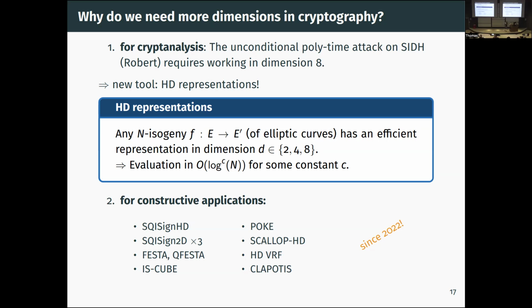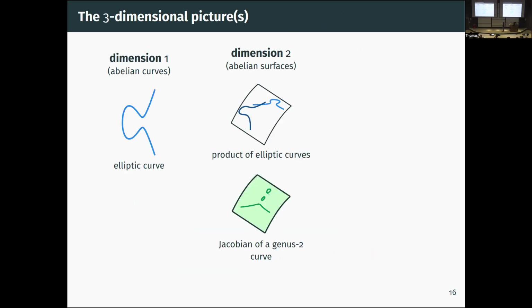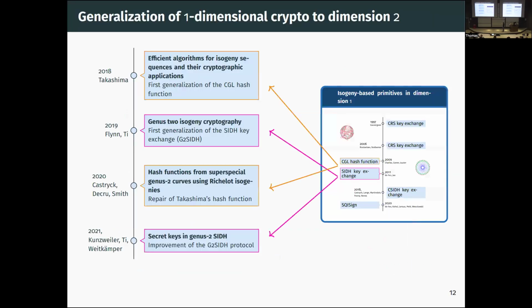So one thing, for instance, okay, I have to go back quite a lot. It's here, all this right-hand side, which is still an open problem. I think it would be super interesting to see if we can make this work in the higher-dimensional graph. If we can find a good generalization of this, then I would expect that we can use prime fields of a much smaller size to achieve similar security. Depending on how good we can make these isogeny computations in higher dimensions, this might then be faster than in dimension 1.